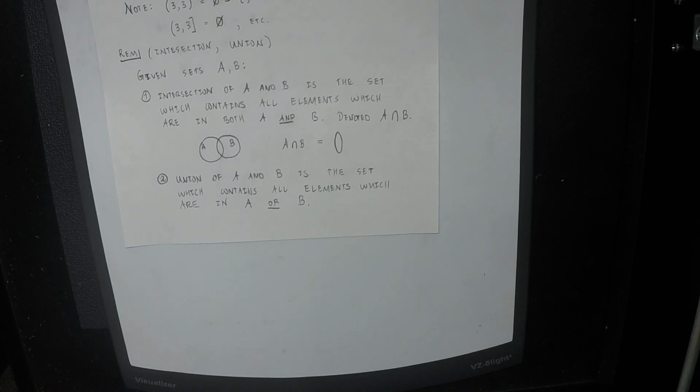And so, since this is a math class, and also because we're doing programming and the computer scientists also do this, you should be aware that in English we have this word or.